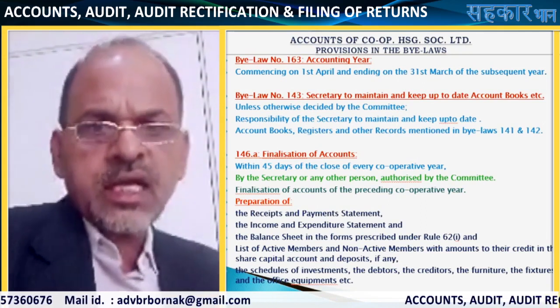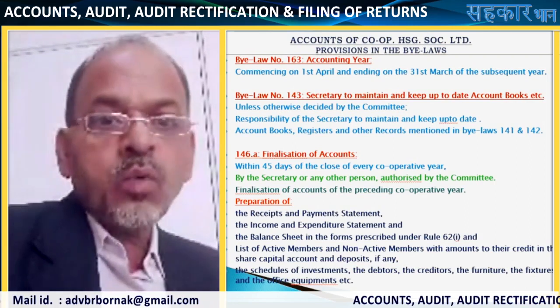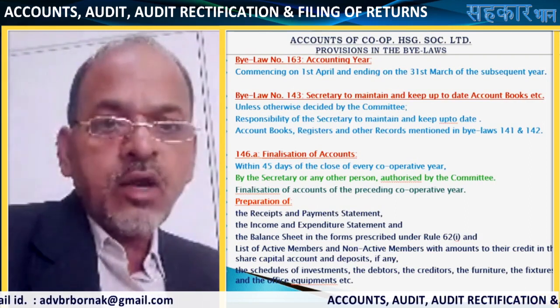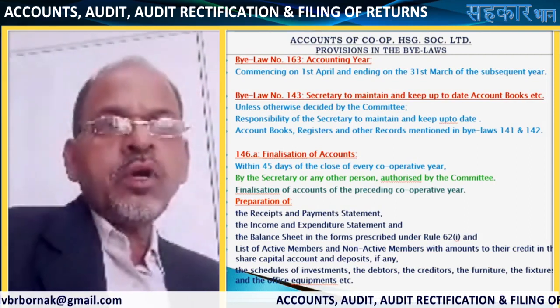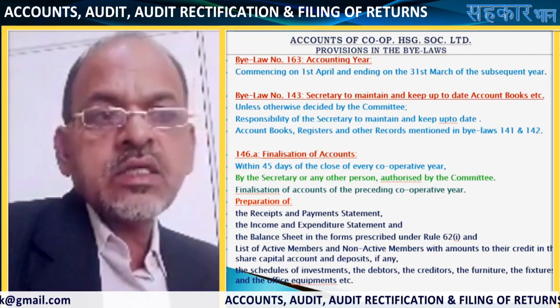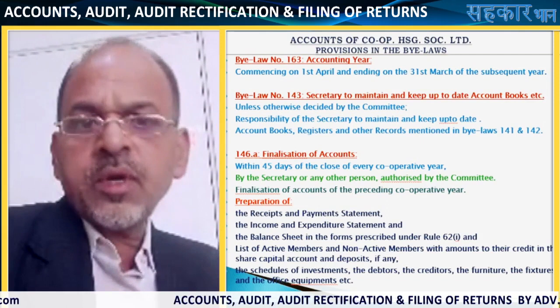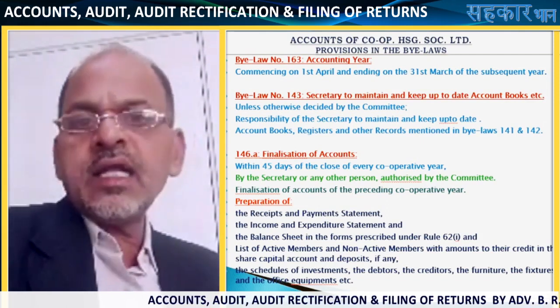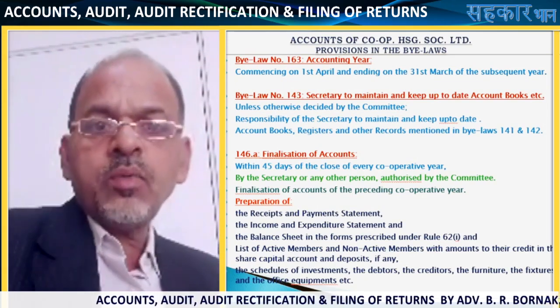Okay, now see, the account books, registers and other records, etc., are required to be maintained by the secretary or as otherwise decided by the managing committee. The list of these books, registers, other records, etc., is given under bylaw number 141 and bylaw number 142.